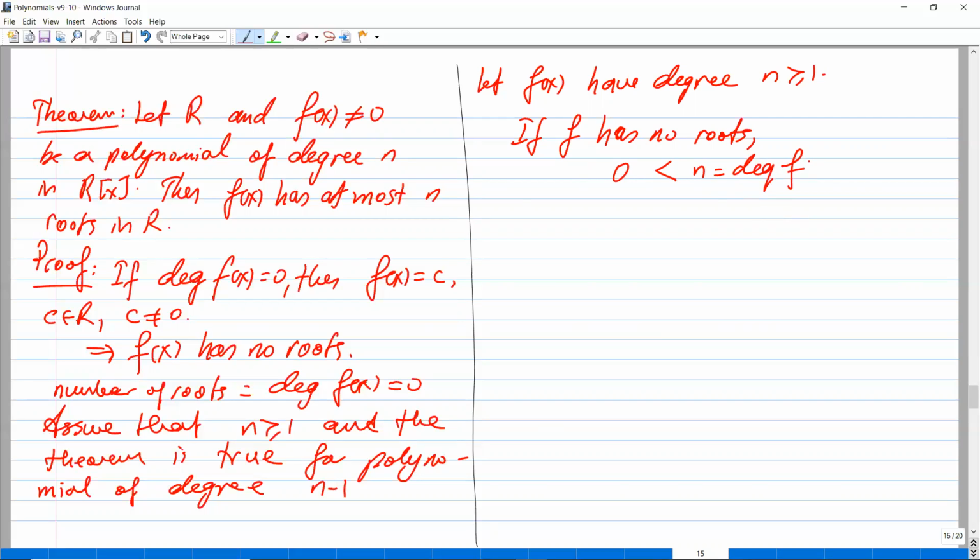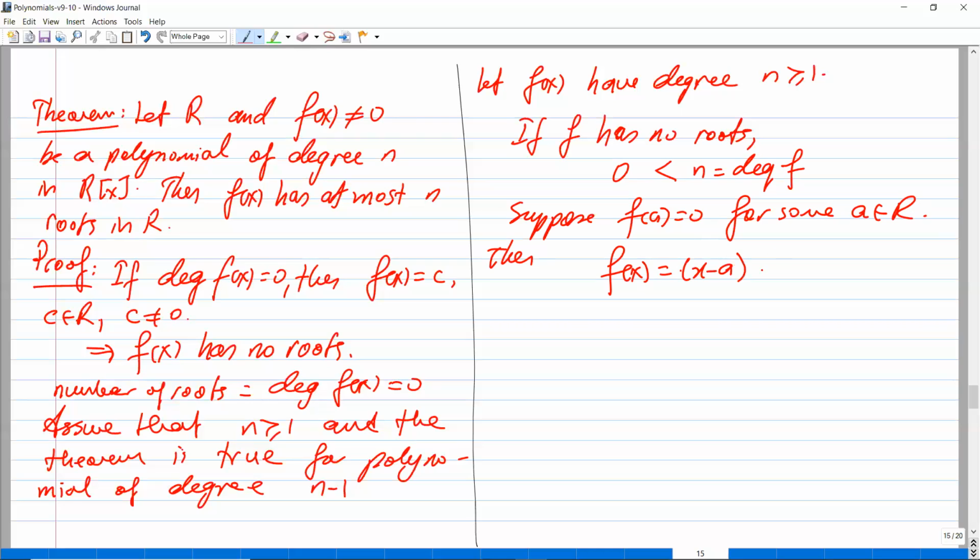And suppose that f of x has a root, so f of a is equal to 0 for some a in R. Then by the above theorem, we can write f of x to be x minus a times q of x.